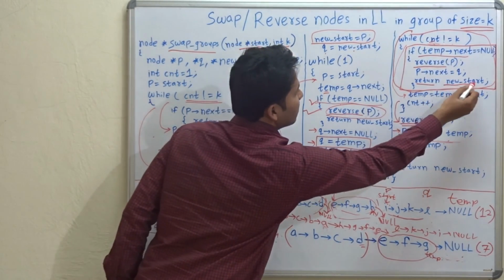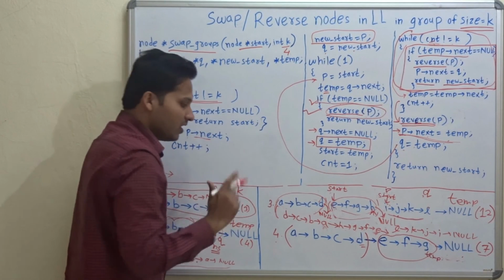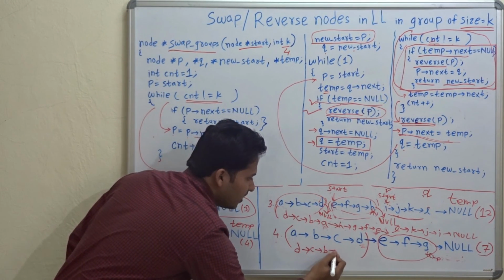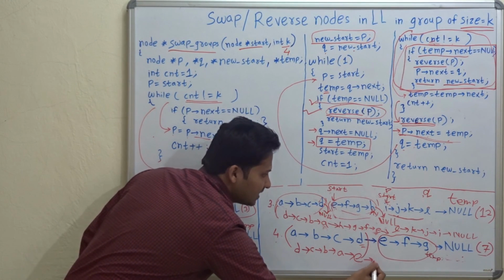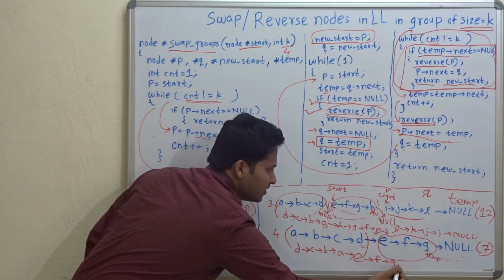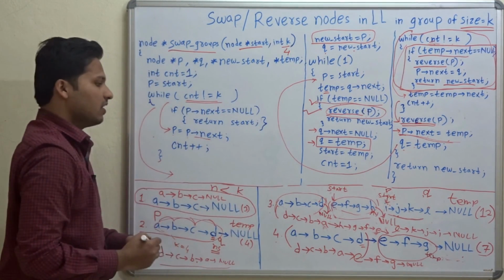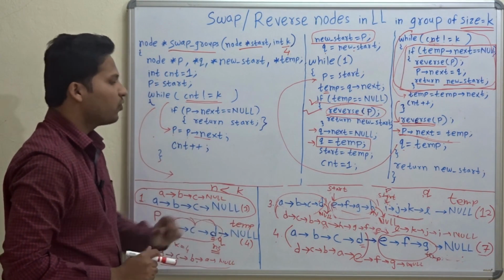So this is where the while loop breaks and we return from the function. So the answer for this example will be DCBA, and the last group will remain as it is. We will not reverse it, and G will point to null. So this is how we execute this code on these 4 examples.